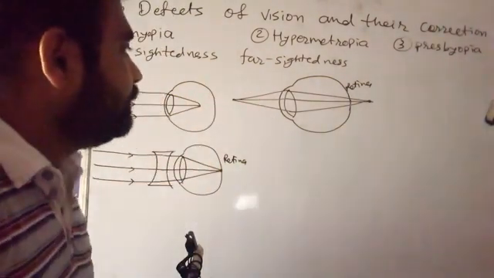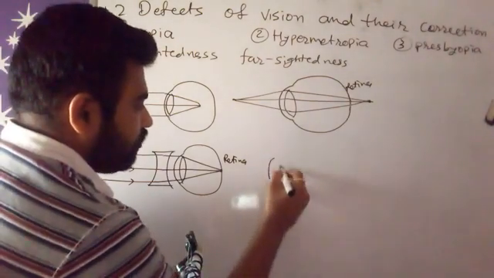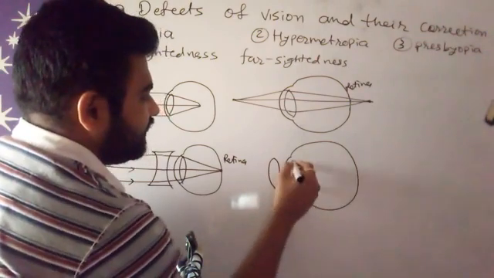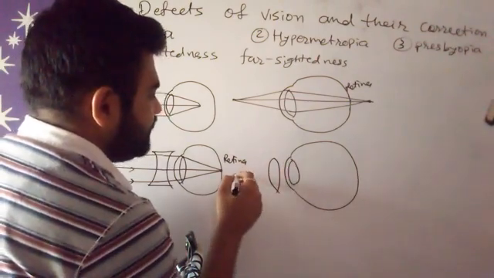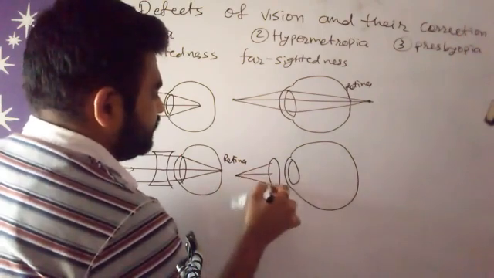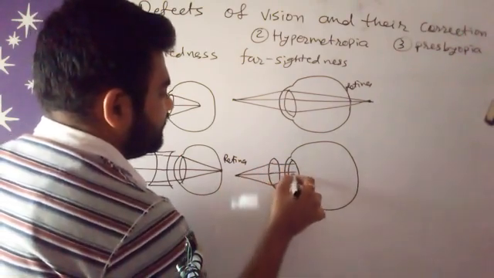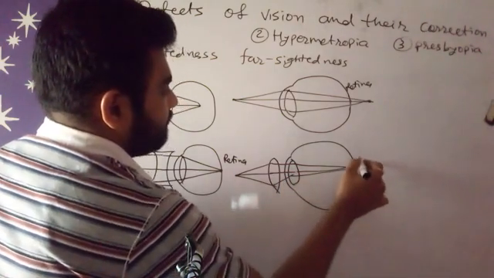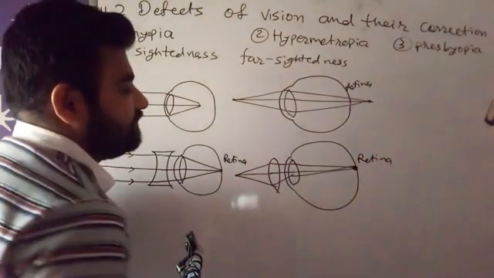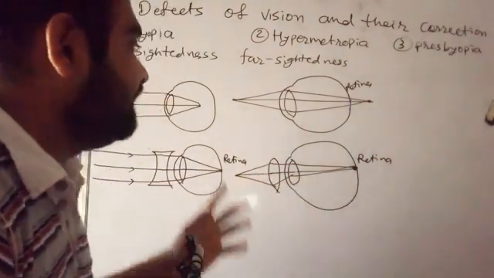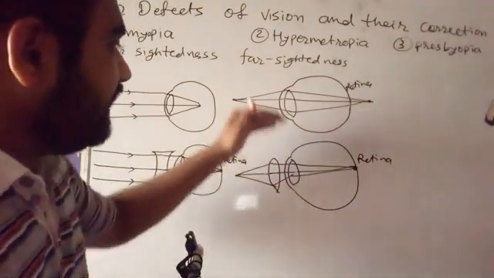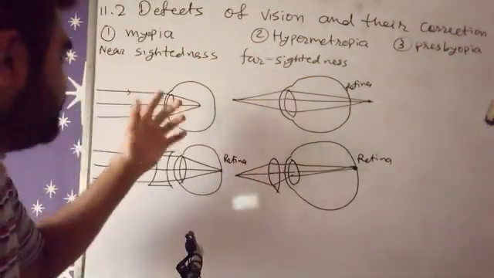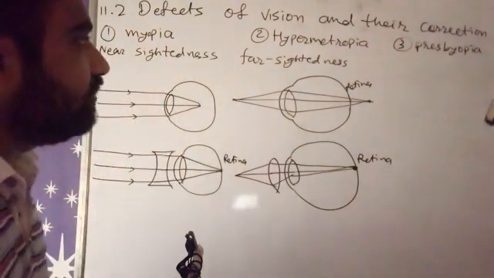Now we have to put a convex lens in front of our eyes. Now the near object, after refraction from here, strikes the retina. So now we can see that image clearly with this convex lens. So we can correct this type of defect by using a convex lens, and we can correct the other type of defect by using a concave lens.